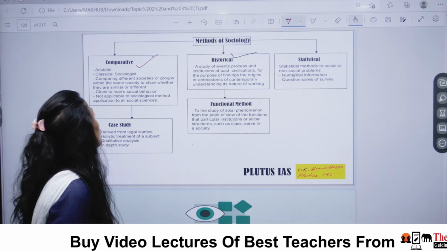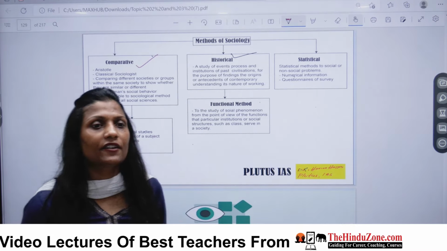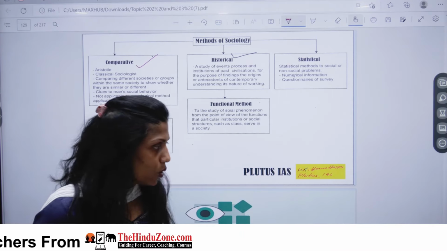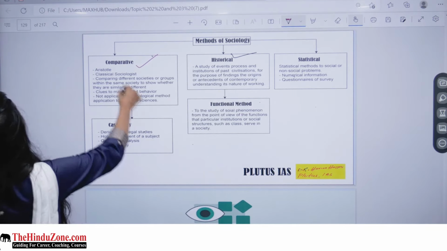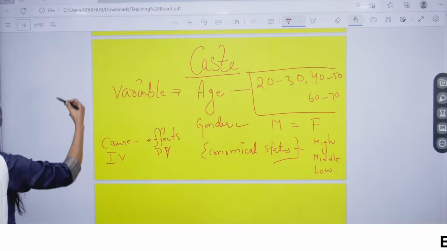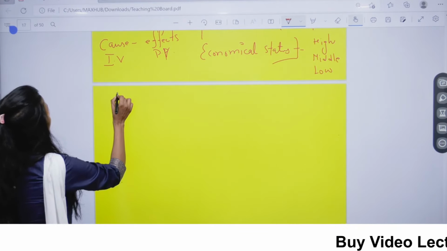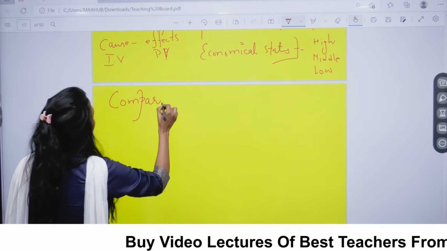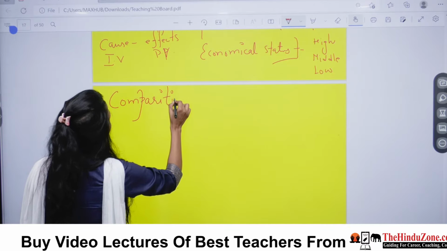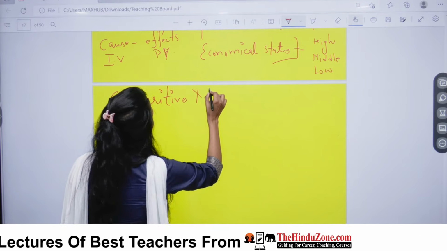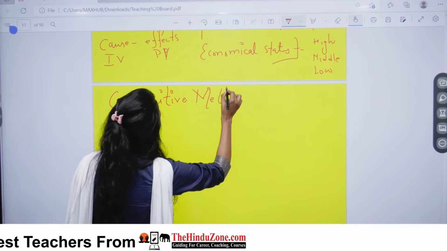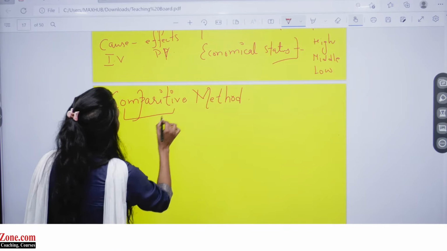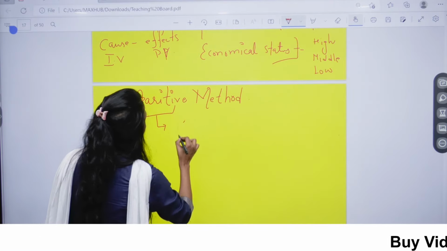So what is happening in comparative methods? As it says, comparison. So let's study comparative method. As the name suggests, it means comparison.